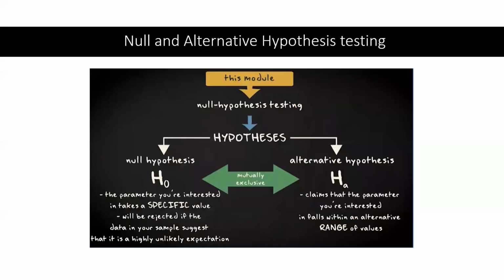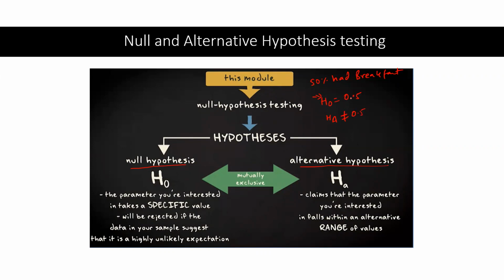All right. In hypothesis testing we have two things: one is the null hypothesis and one is the alternative hypothesis. In the previous example, if 50% had breakfast, your null hypothesis will be 0.5. The null hypothesis is denoted by H naught, and your alternative hypothesis HA will be not equal to 0.5.